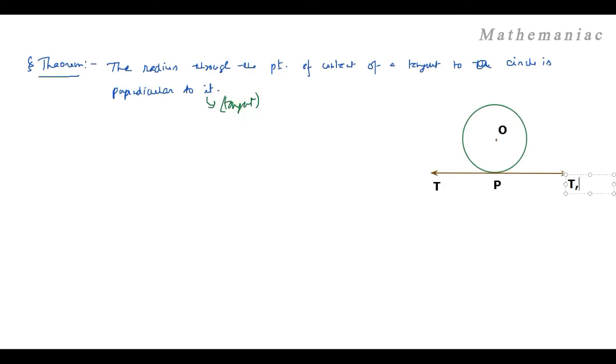So T and T dash. T dash is a tangent, P is the point of contact. Now what I have to show, if I draw the radius through the point of contact, right? So radius means it is joining the center and through this. Then I have to show that this OP is perpendicular to T dash. That's the theorem, right?